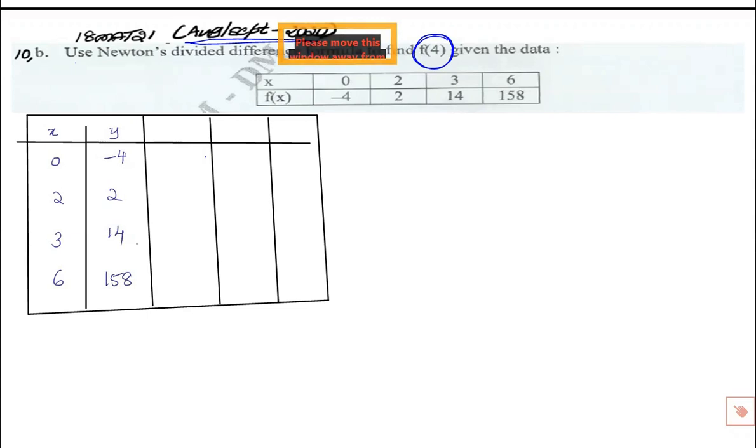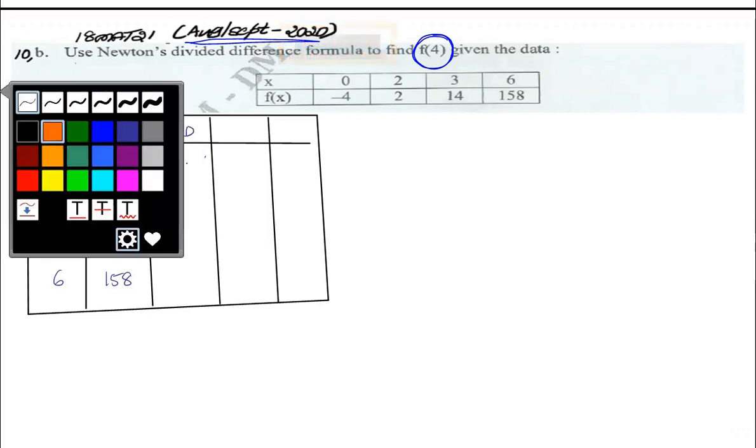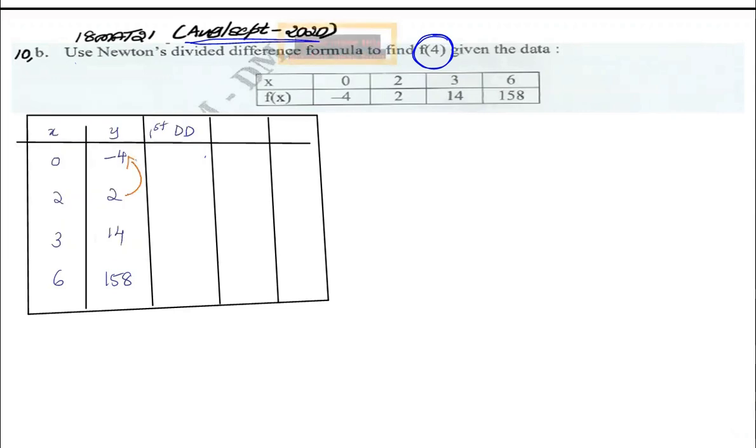Now compute first divided difference. That is 2 minus of minus 4, that is 2 plus 4, that is 6, divided by 2 minus 0, that is 2, so the answer is 3.